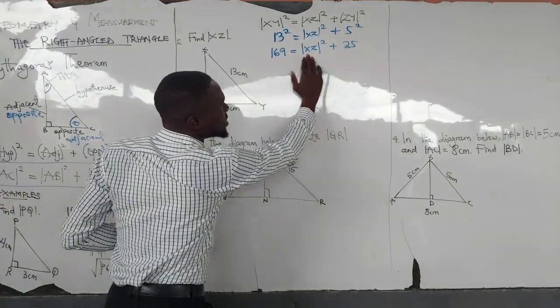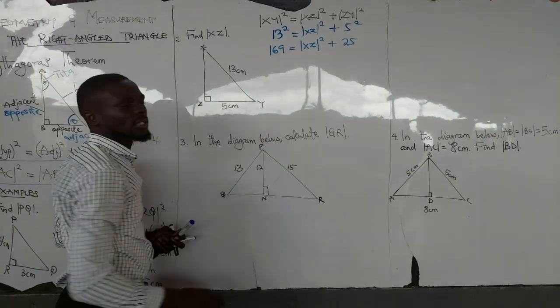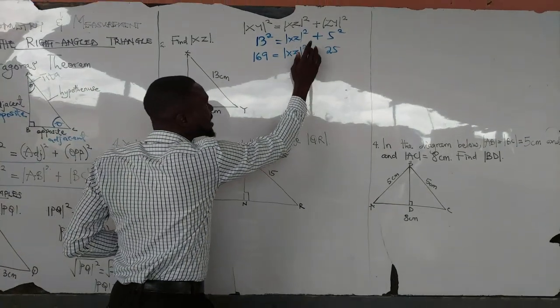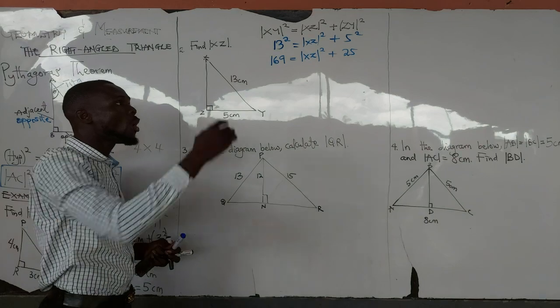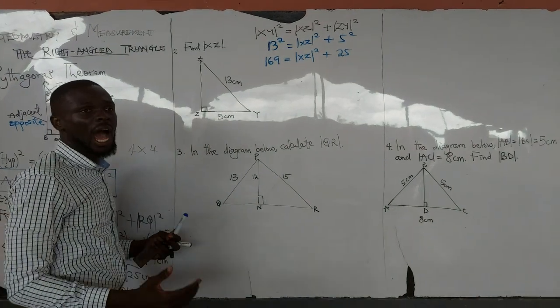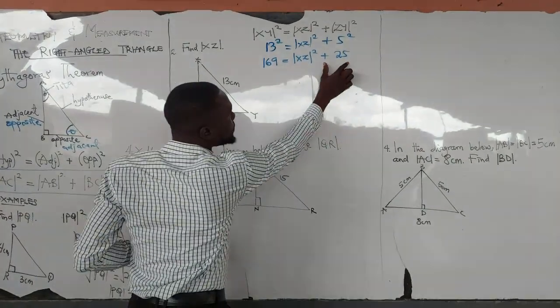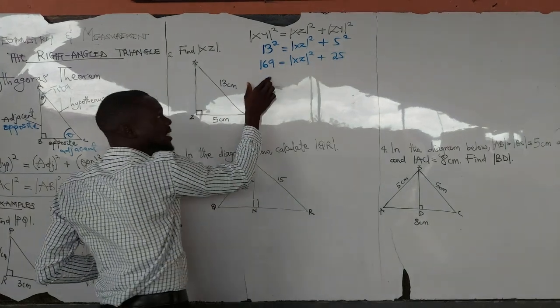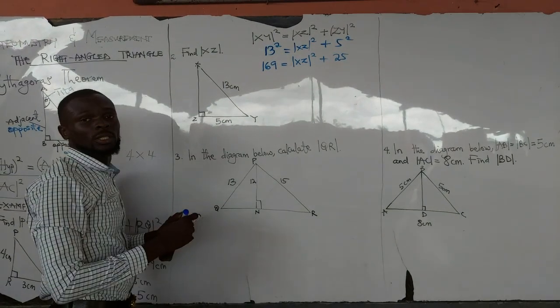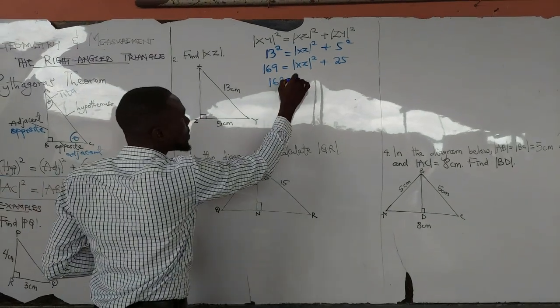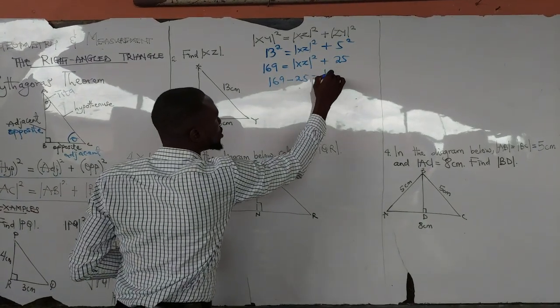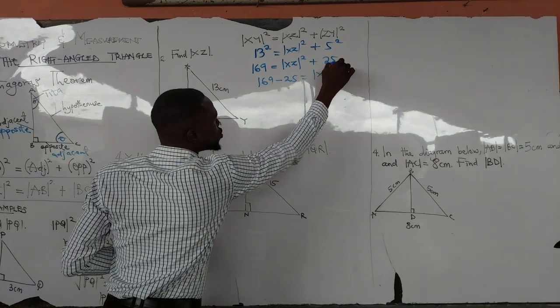Now I want this. How can I solve for this? Assume this thing is x and we are making x the subject. How are we going to do that? By lifting the positive 25 to this side, we let this one stand alone. So this is going to give us 169 minus 25 is equal to xz squared.